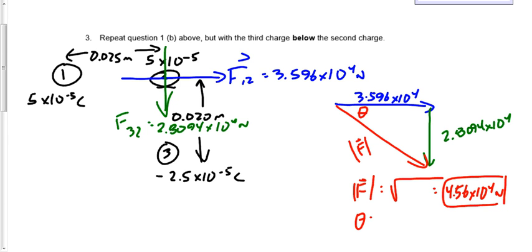And theta is the inverse tan function of opposite over adjacent. That gives us 38.0 degrees. I'm not going to say south of east because talking about charges, south and east aren't really your frames of reference. So we're just going to say 38 degrees as measured from that positive x-axis.